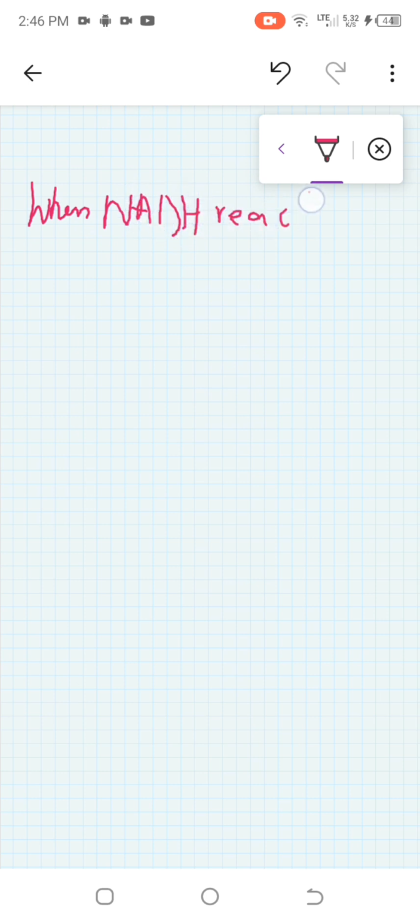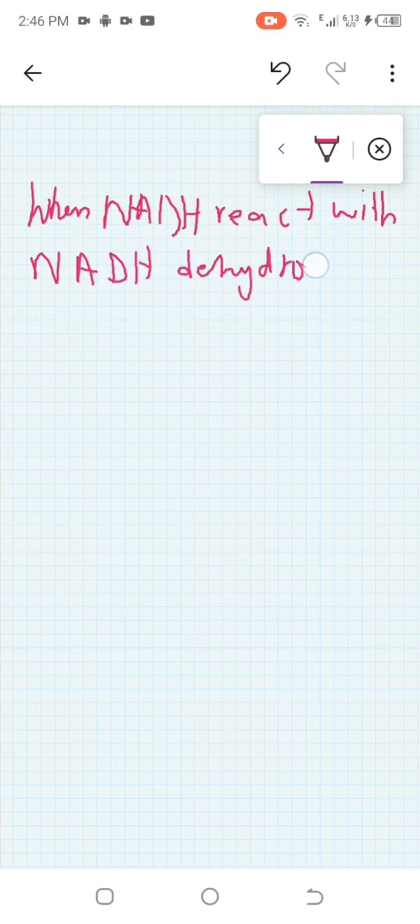First of all, NADH reacts with NADH dehydrogenase and completes its oxidation.